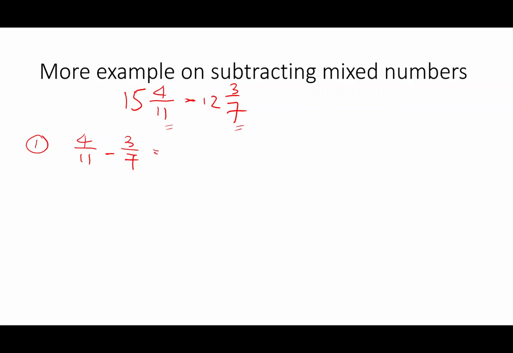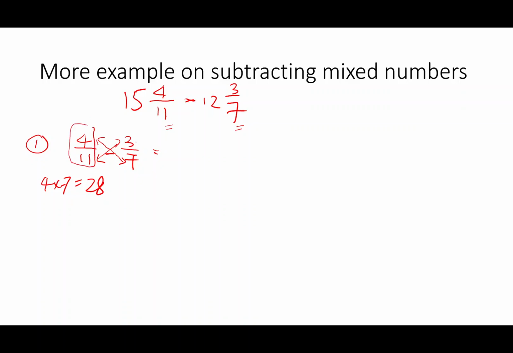If you go back to the earlier video, we can do that by cross multiplying the numerator with the denominator. So first cross multiply 4 times 7. 4 times 7 gives us 28. So we write it down below the first fraction.